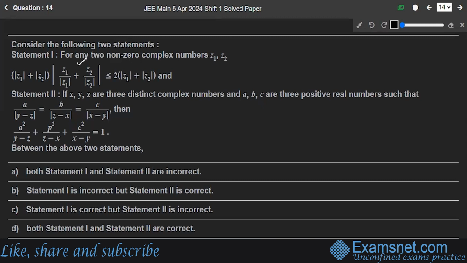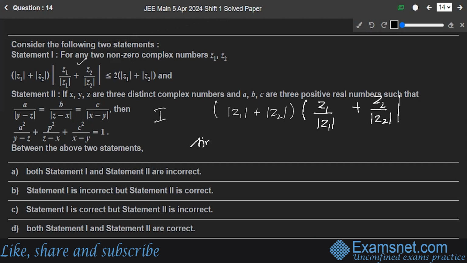Here you have this statement. Let's write it. You have modulus of Z1 plus Z2 multiplied with modulus of Z1 divided by modulus of Z1 plus Z2 divided by modulus of Z2.